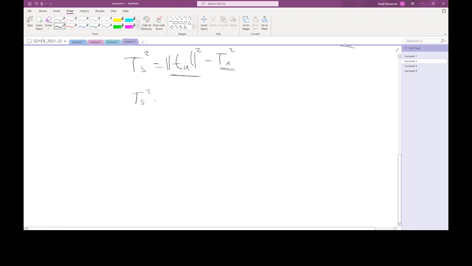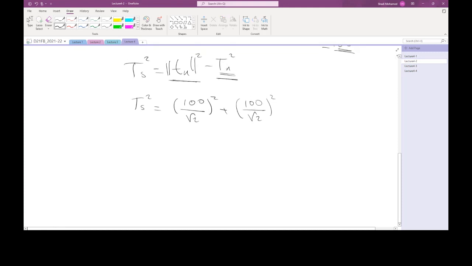So Ts squared is 100 over square root of 2 squared added to 100 over the square root of 2 squared added to 0 squared. I'm taking the square root of this and then squaring the whole thing. You remember I said this is the square root of the sum of the squares. So this square will cancel out with this square root, and I will be left with whatever I have inside the square root. This is basically 0, so I'll get rid of it. And then I have this guy here, this guy is 100, it is 100 squared.